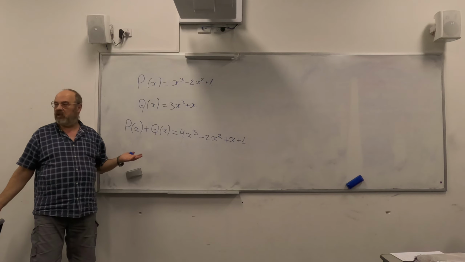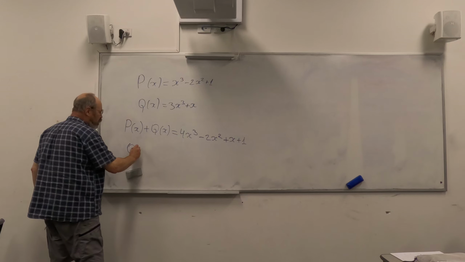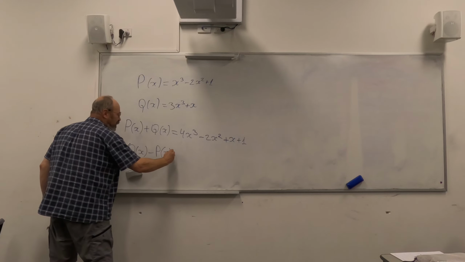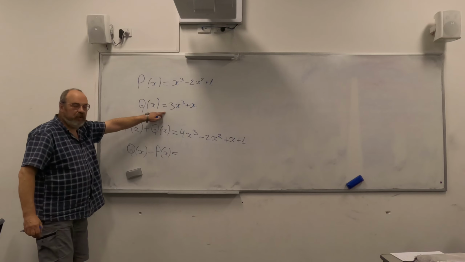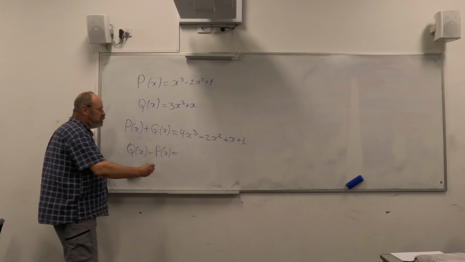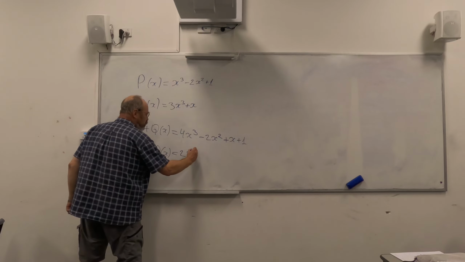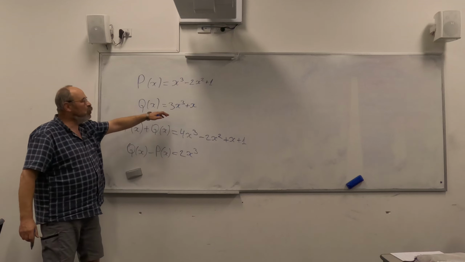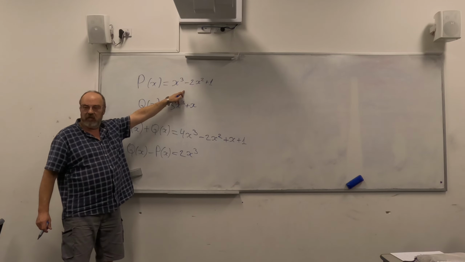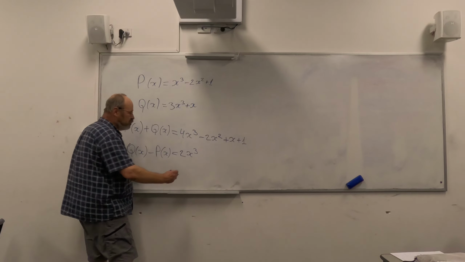Let's find now q of x minus p of x. So 3x cubed, we subtract the corresponding part: 3x cubed minus x cubed, 2x cubed. 0x squared minus negative 2x squared becomes plus 2x squared.